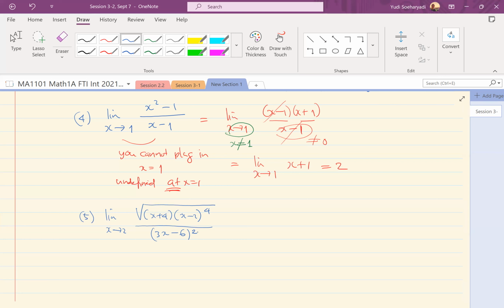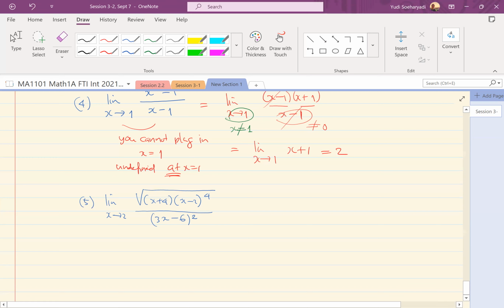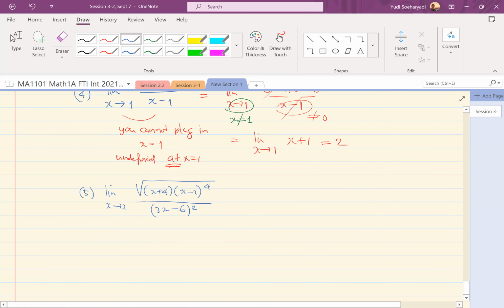Okay. Let's do some computation here. First step should be to try to plug in 2. You get a number on top, but you're stuck with the bottom because as you plug in 2, 3x minus 6 gives you 0.